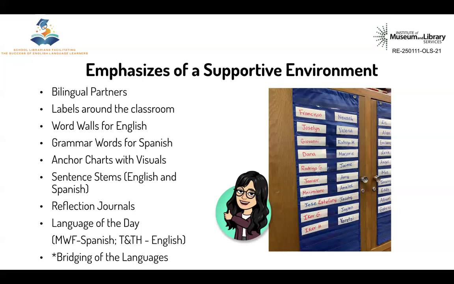Before this year, I didn't put too much emphasis on sentence stems, but when I did, I started realizing that students, and they're not wrong for doing it, it's just an instinct, were translating what they were saying in English directly into Spanish, and so they were not constructing proper sentences from English to Spanish or Spanish to English because they were directly translating.